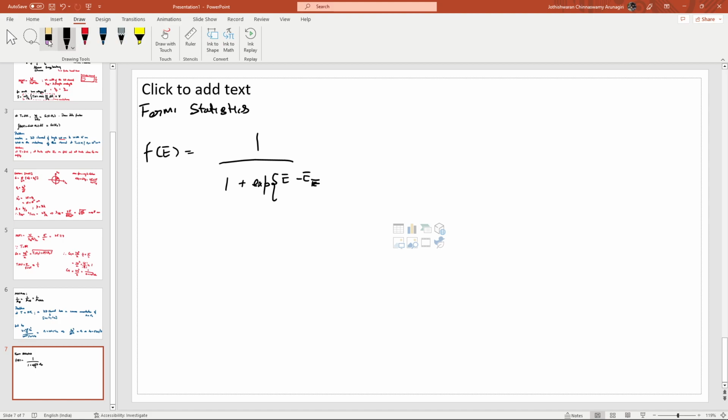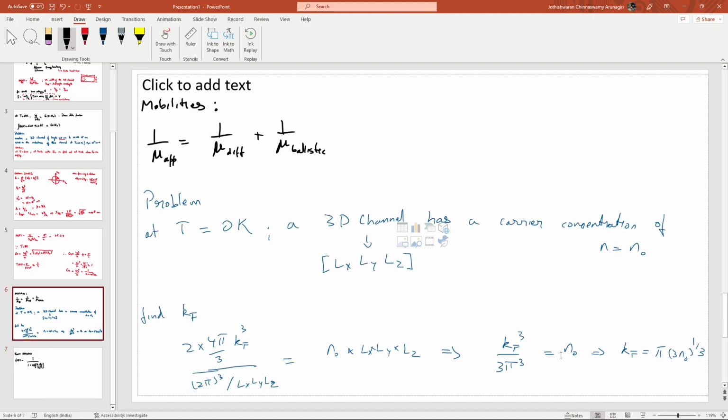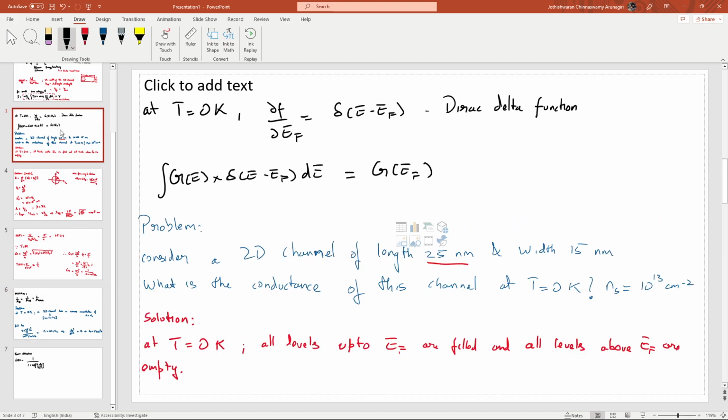Sorry, I was in a hurry and I wrote it wrong. Over here, this quantity EF does not change with temperature. So kF is directly related to EF. So even at non-zero temperatures, this particular derivation is not inaccurate. The only thing that will change is that in non-zero temperatures, this relation will no longer hold.